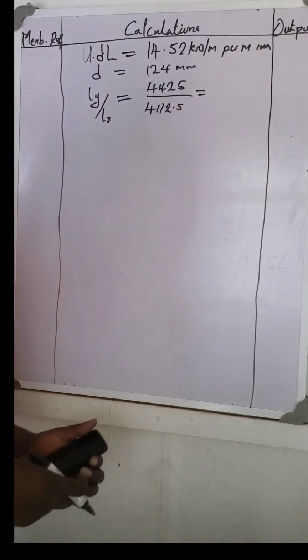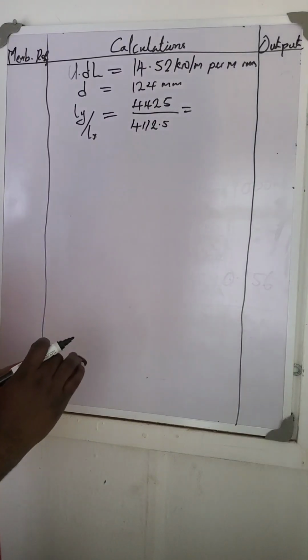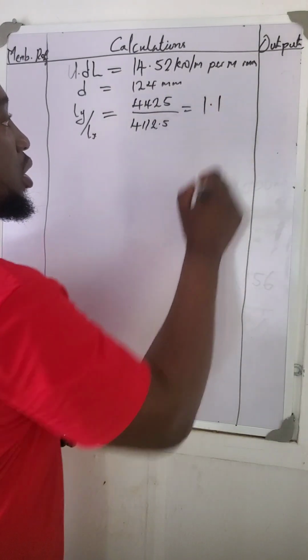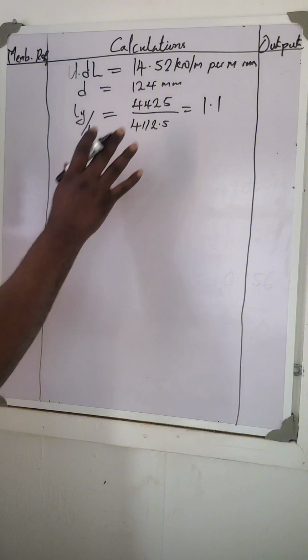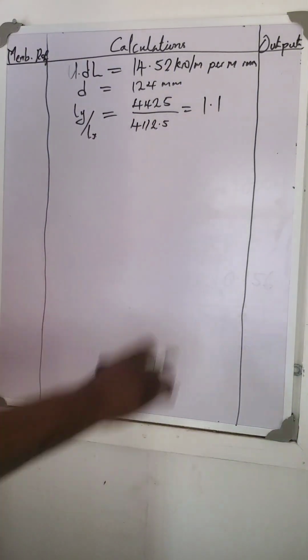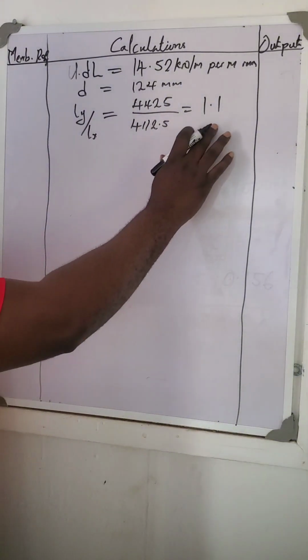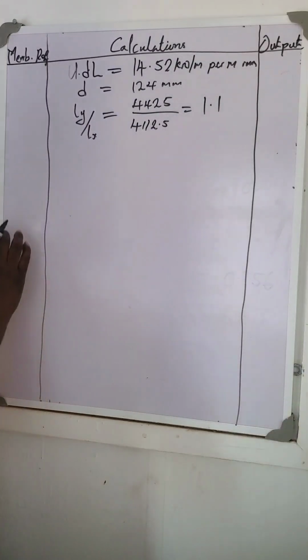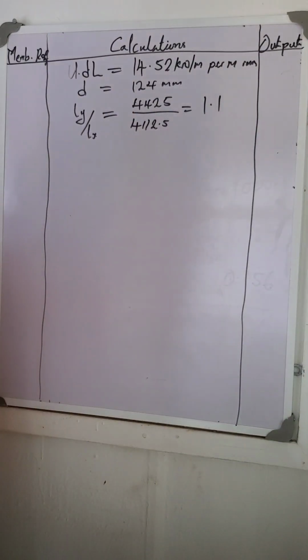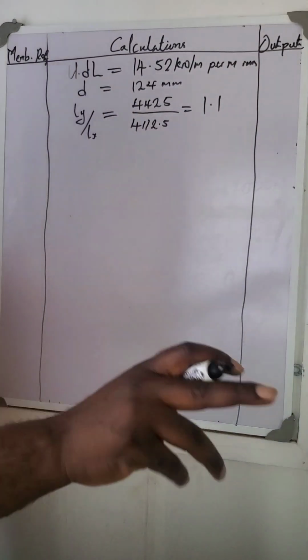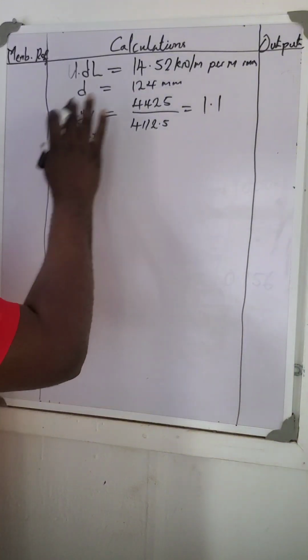If you compute this with your calculator, you're going to have approximately 1.1. Now you can go to the bending moment coefficient table, where all the cases are listed there. In this particular panel, it's two adjacent edges is continuous.